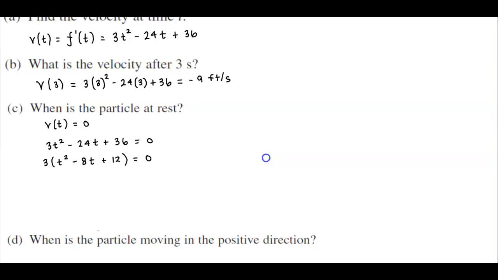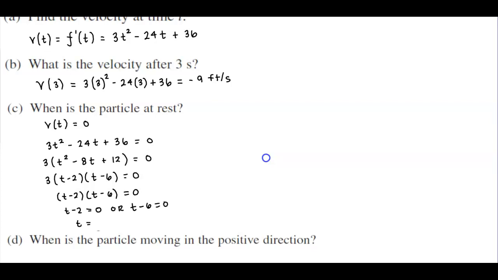And if we factor this, we end up getting 3 times t minus 2 times t minus 6, which is equal to 0. So if we divide both sides by 3, then we get t minus 2 times t minus 6 equal to 0. And so we have t minus 2 is equal to 0, or t minus 6 is equal to 0.